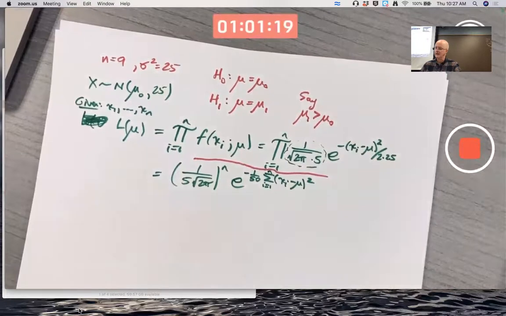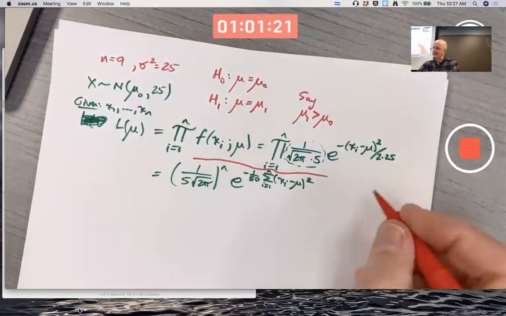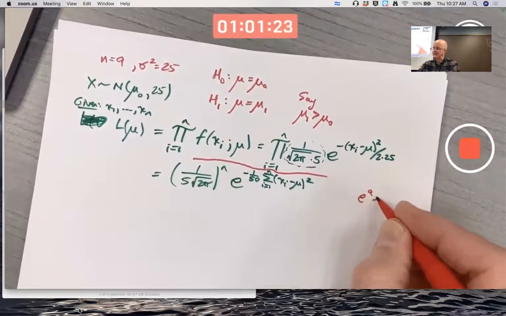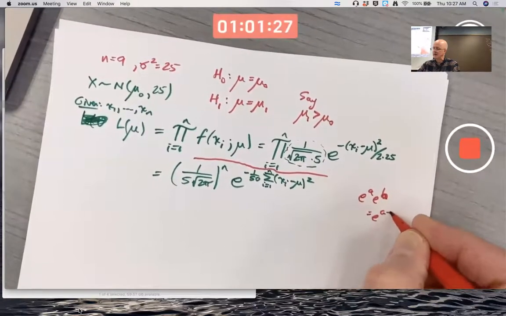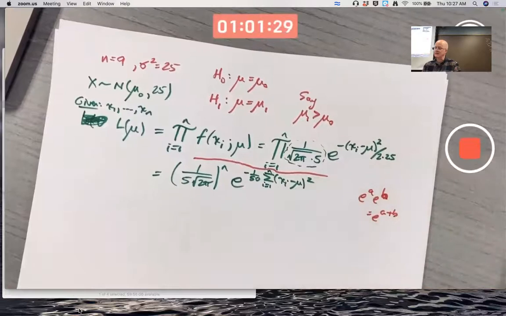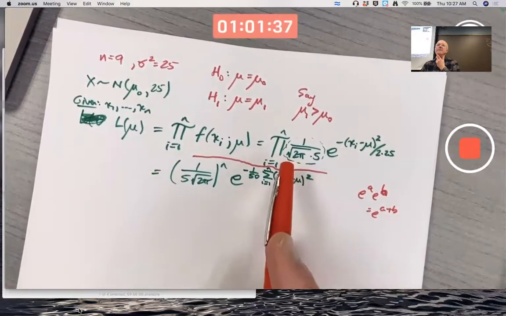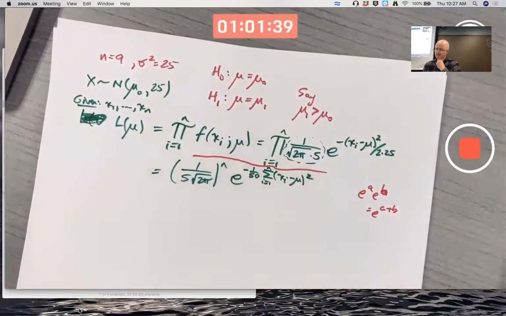What am I using there? I'm using the fact that e to the a times e to the b is e to the a plus b. That's what I'm using. Add the exponents. Get rid of the capital pi product symbol.